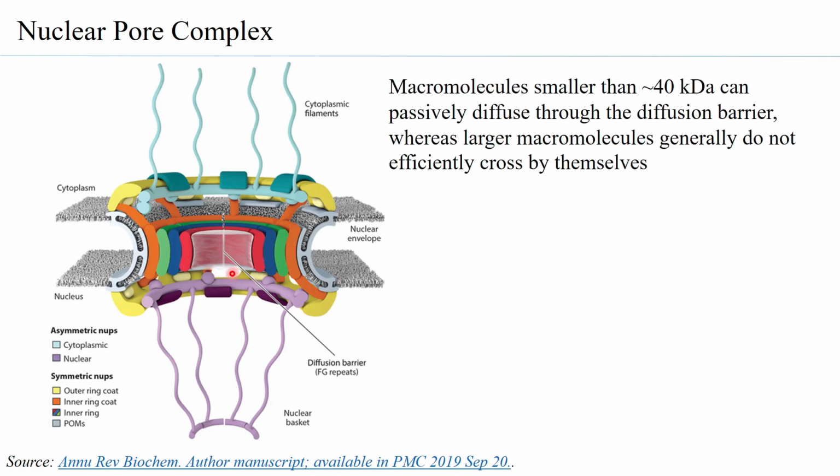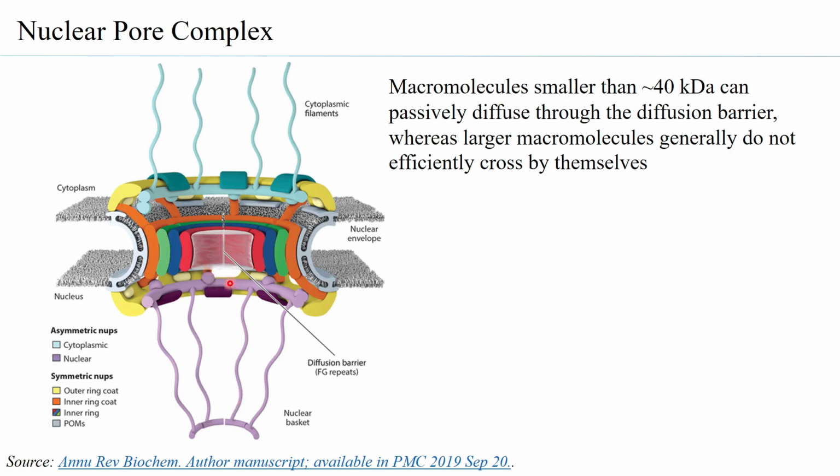So you must understand that this pore is actually allowing passive diffusion of molecules which are smaller than 40 kilodaltons. But any molecule which is greater than 40 kilodaltons cannot easily traverse through the pores.